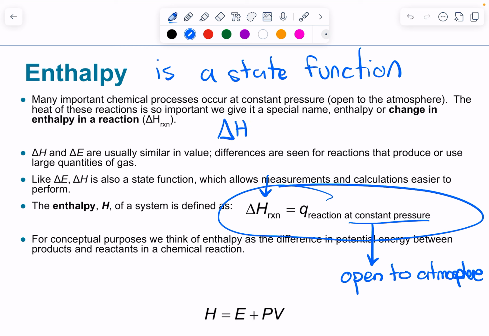The change in enthalpy of a reaction would just be enthalpy of the products minus enthalpy of the reactants. So that's why it's really useful. That's why we make this very specific set of conditions, so that we can think about the enthalpy, or the heat, in terms of a state function, so that we can calculate the value a lot more easily.